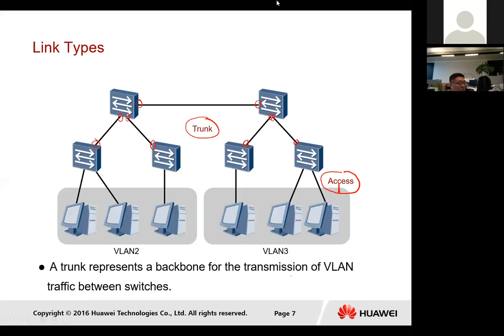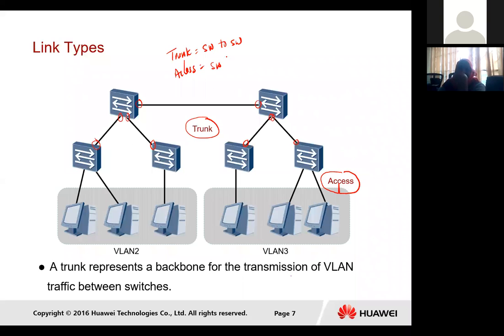So for the link types, there is trunk. A trunk always connects between switches. Trunk is switch to switch. For access, it is switch to machine.